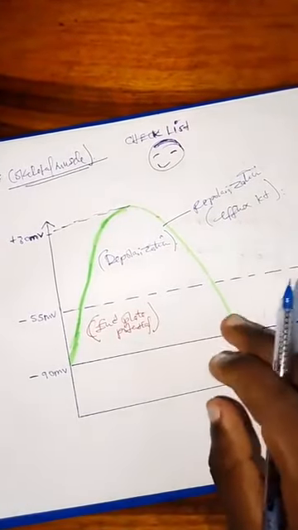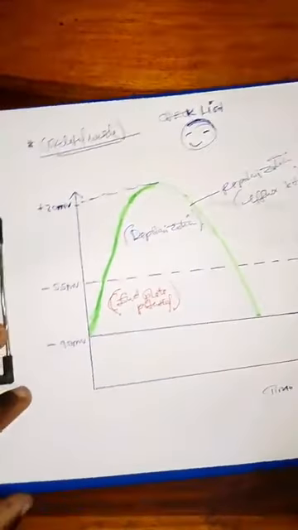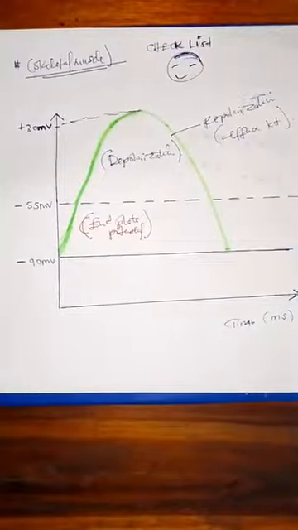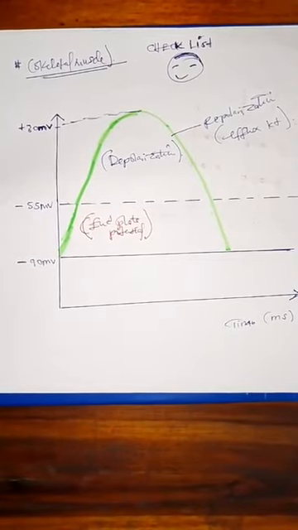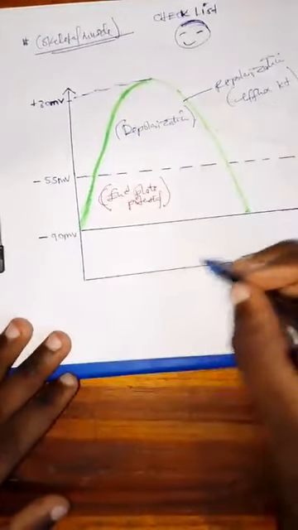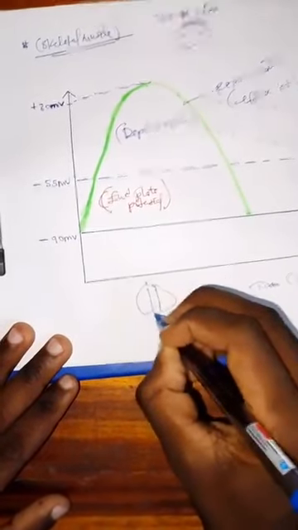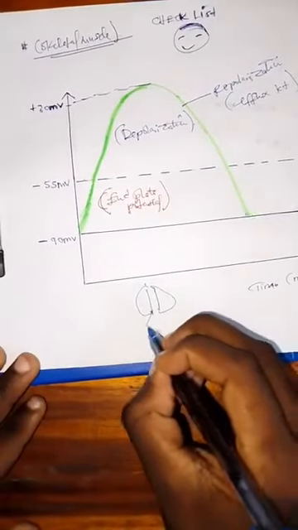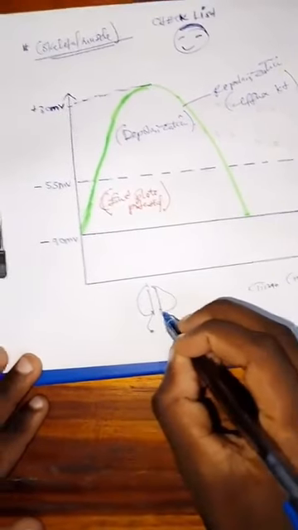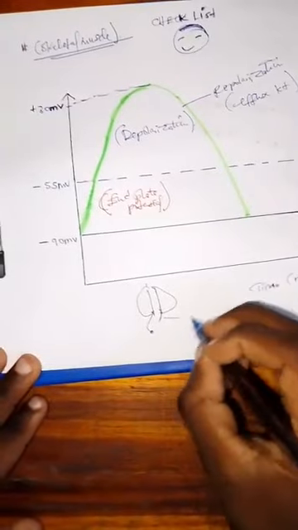Now when we reach the resting membrane potential, what happens to the potassium channel? We know the channel of potassium is like this, let me draw. It has two gates: the inactivation gate and the small leg here, which is the activation gate.